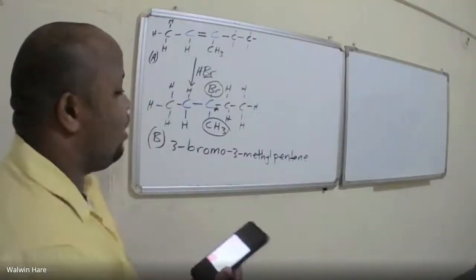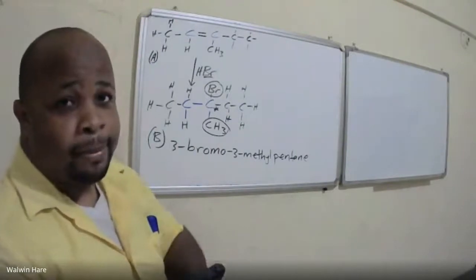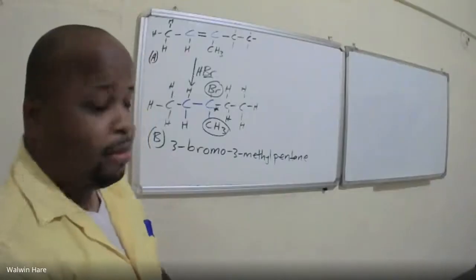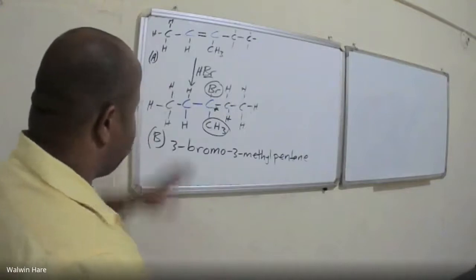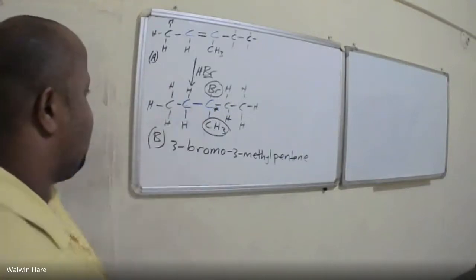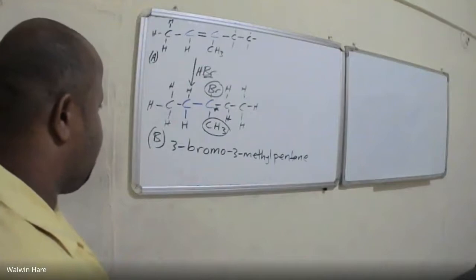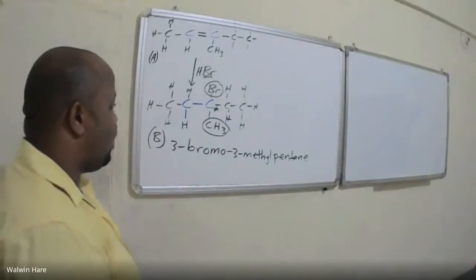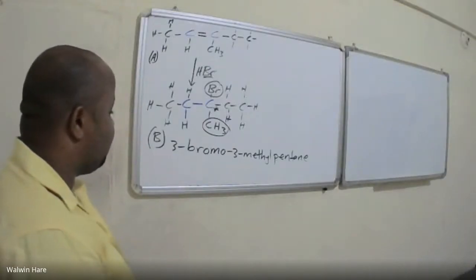But haloalkane, the mechanism. Nucleophilic substitution. But we have two types, right? So based on the structure, tell me the two types of nucleophilic substitution. SN1 and SN2. So which one will it do, SN1 or SN2?